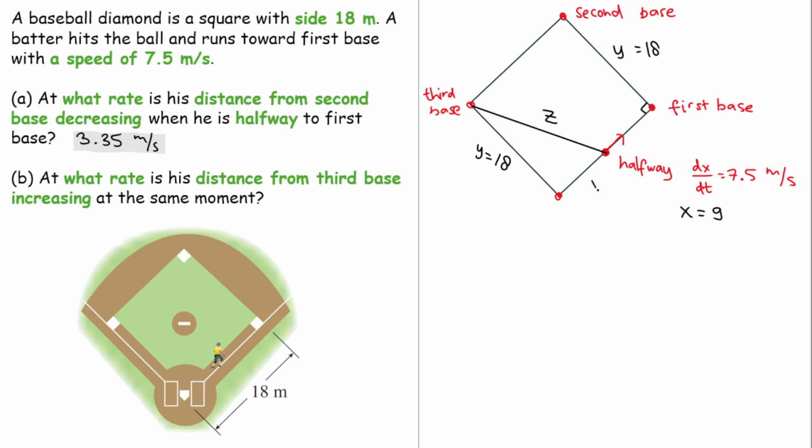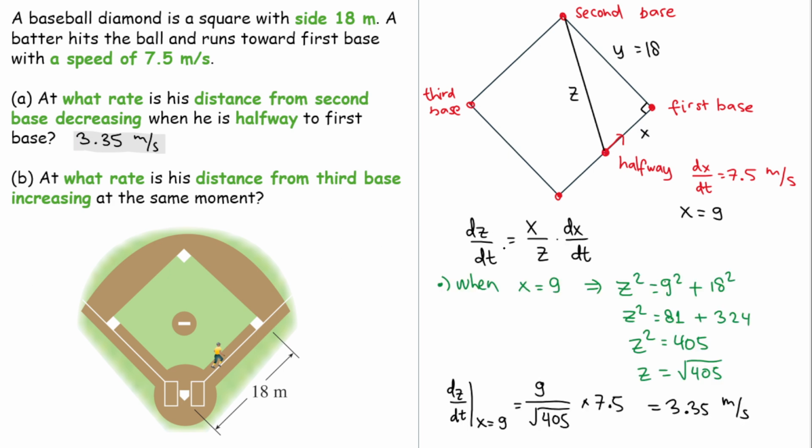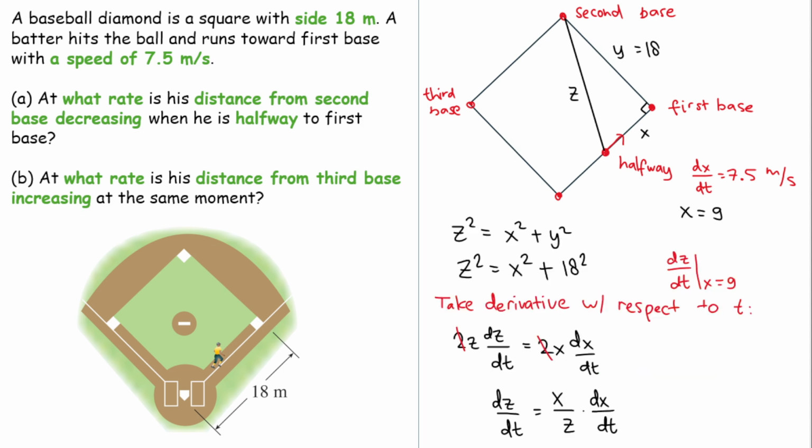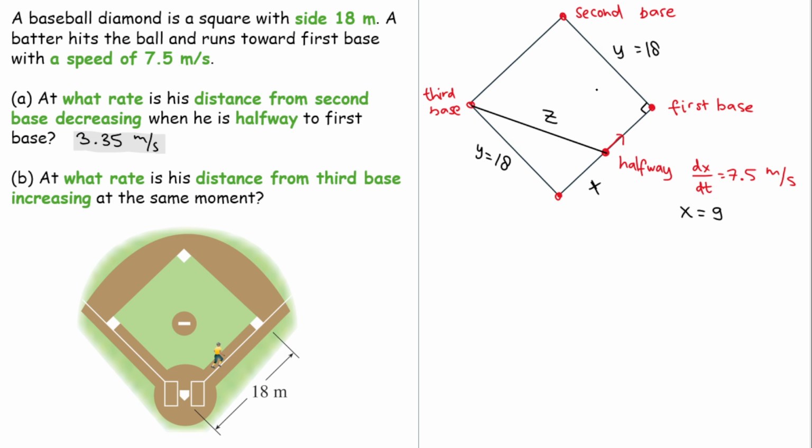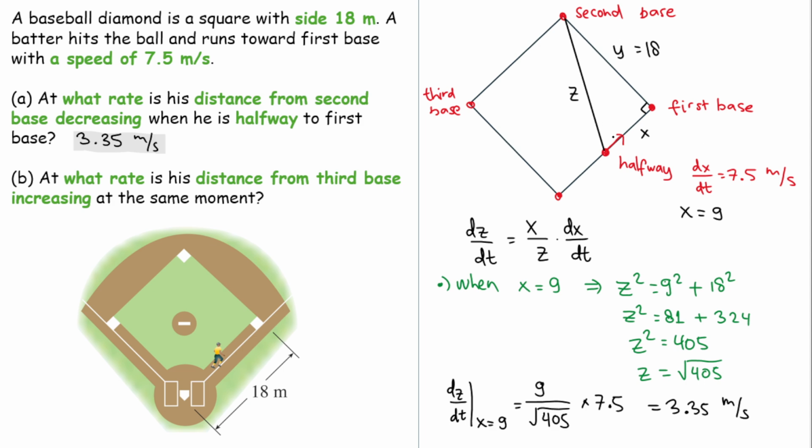And because all of the values are the same here, right? We have x is there, halfway, and x is 9, and z is equal to that. We can just use the values of the previous one, right? Because all the values are the same. Just the distance here will be increasing, but when it is here, it will be decreasing.